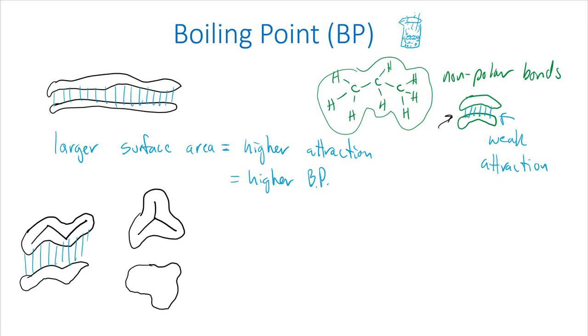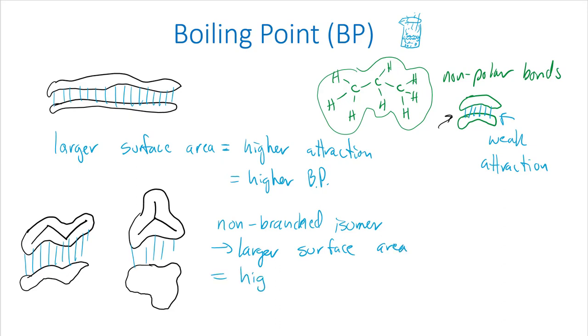So, bigger overlap in the unbranched isomer means that it has more attractive forces and a higher boiling point.